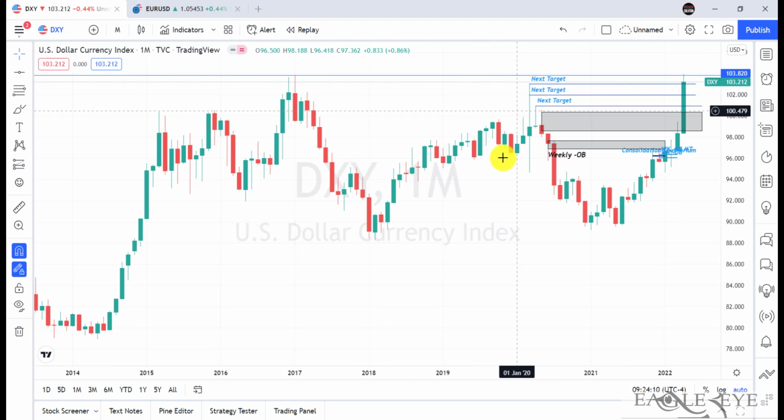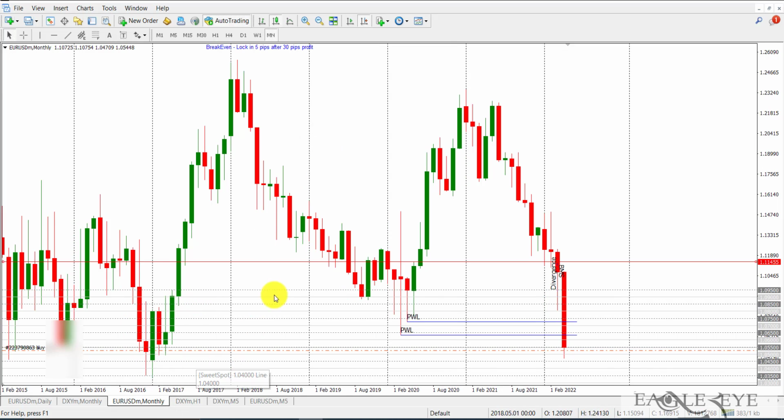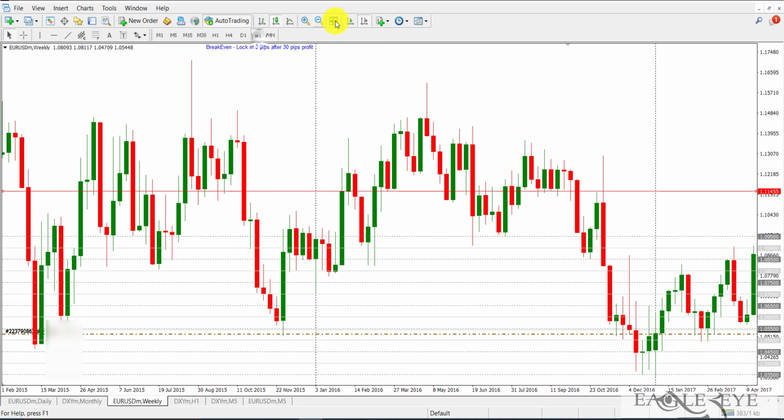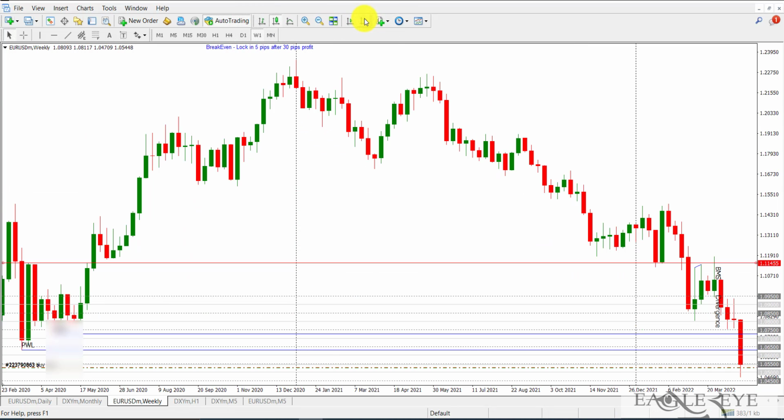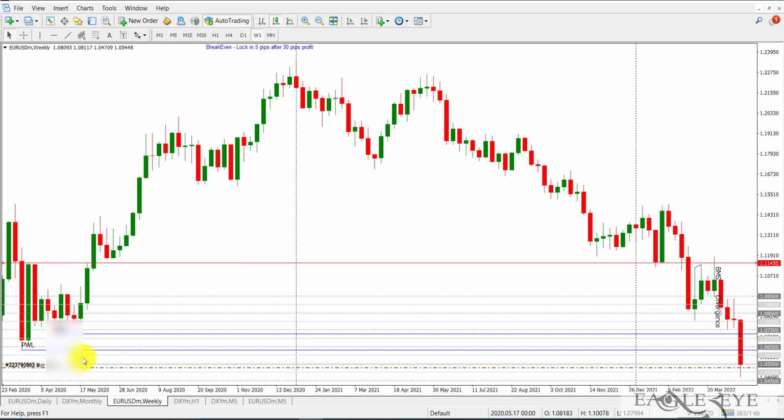So now let's head into the Euro USD. If you take the Euro USD, you would see that the same thing has been done. Let's go back to the weekly. As I was expecting the dollar index to take out this high and then this high, I was also saying that the Euro USD is most likely going to take out this low and then this low.